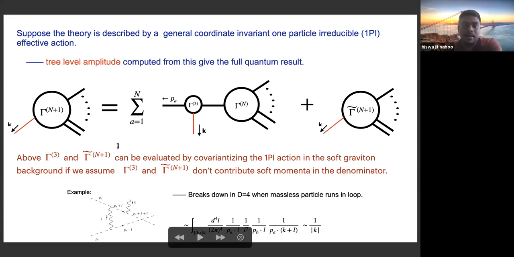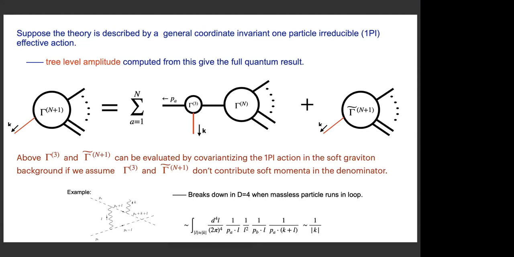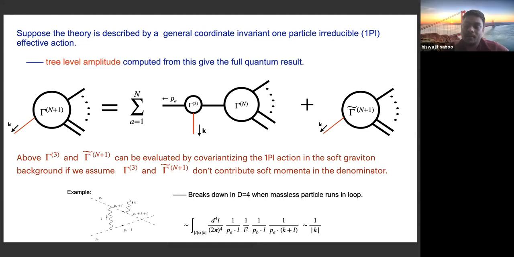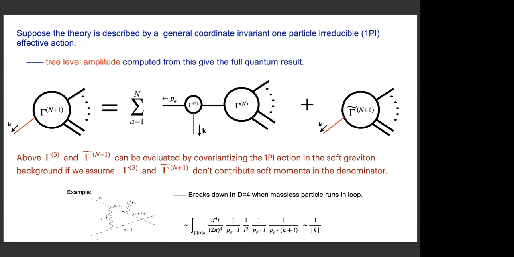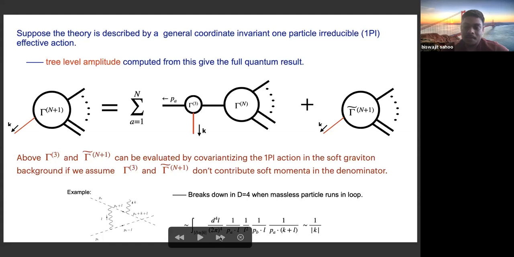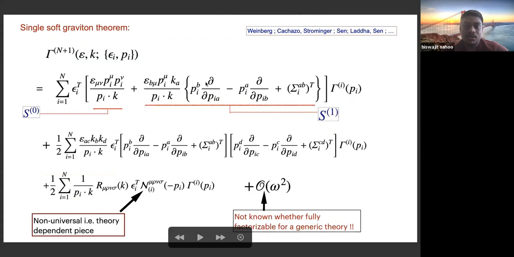When there is a soft graviton emitting, suppose you consider a phi cube theory, where there is a phi propagator, and suppose in the internal scalar propagator one graviton is emitting from there. If you compute that diagram, you can show that at the subleading order, you will get this term just from this contribution when it is connected to the internal line.